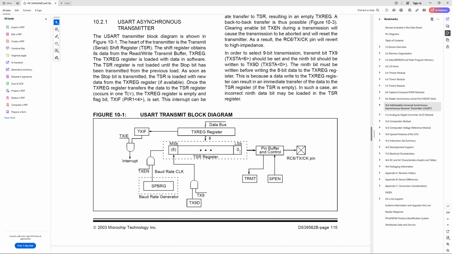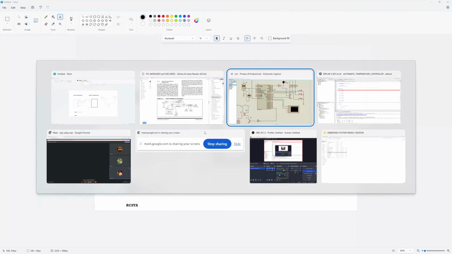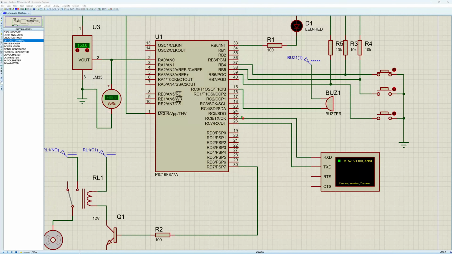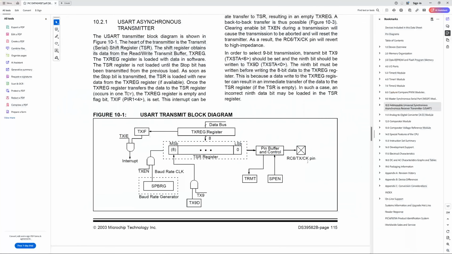Then it shifts one by one through the TX pin. So you have the TX pin here, getting its data from a pin buffer, and that pin buffer is getting data from the TSR register. So whenever you want to send data through this pin, you push that data to the TXREG register, then it goes into the TSR register.